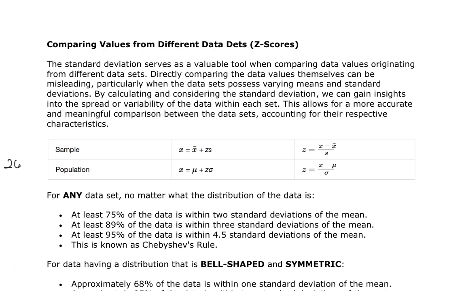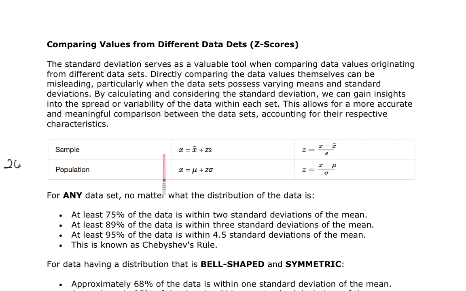So we want to look at something called a z-score. This allows us to look at the means of different data sets, a particular value for different data sets, and then determine which one is the better choice.